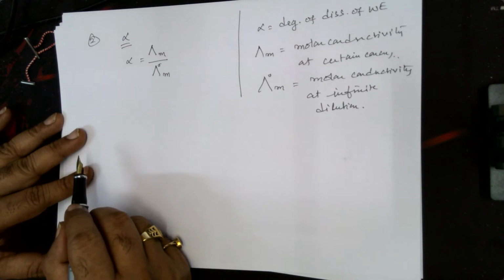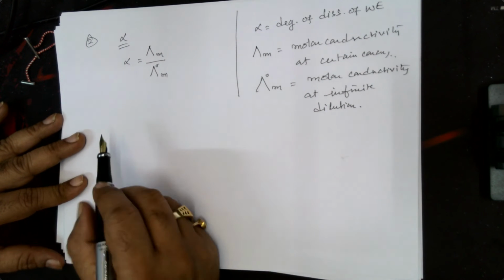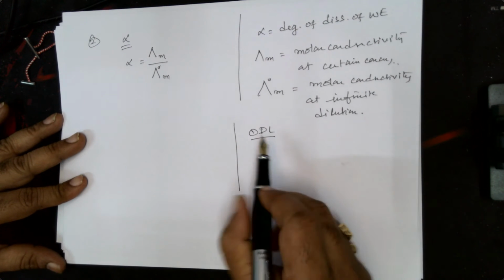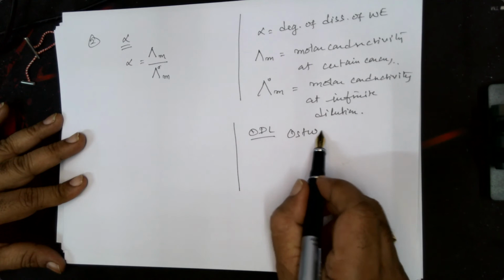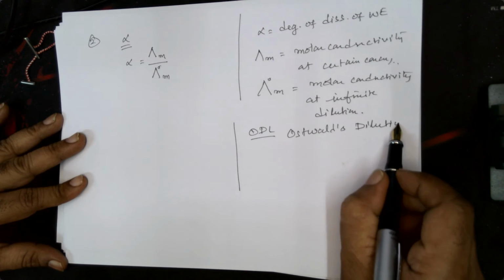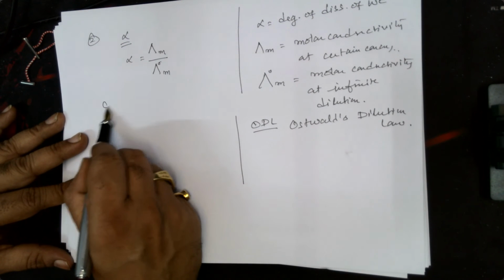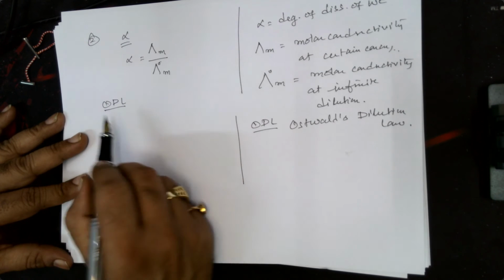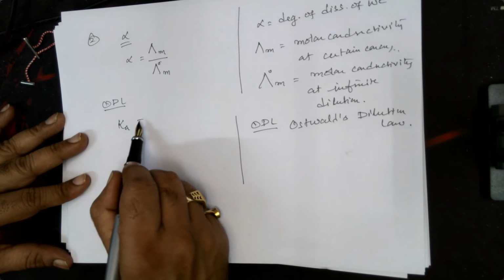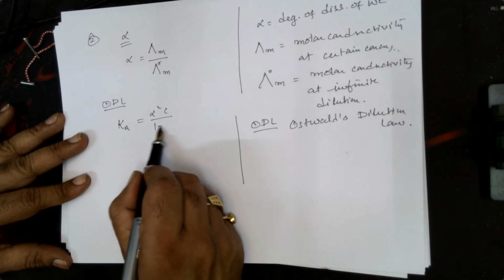Now, according to Ostwald's dilution law, called ODL, ODL states that the dissociation constant of an acid is equal to alpha squared C divided by 1 minus alpha.